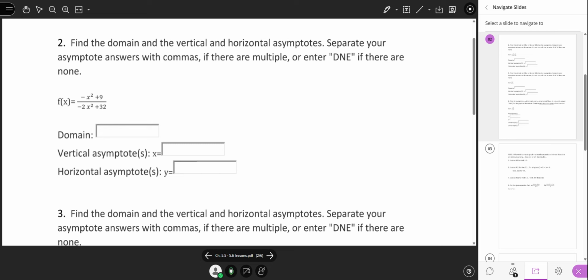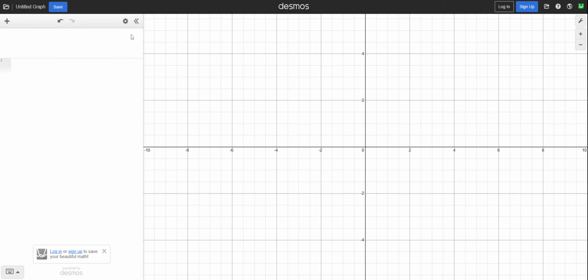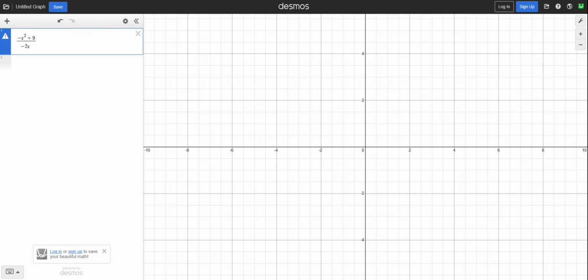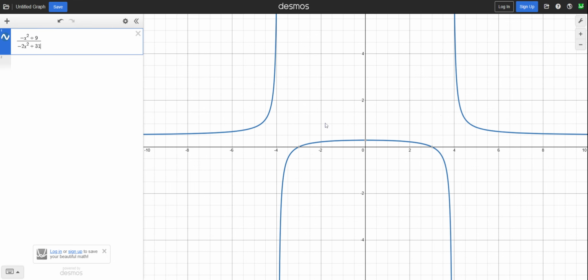Negative x squared plus 9, over negative 2x squared plus 32. Hit the fraction key first. Negative x, shift 6, 2, plus 9, go down. Negative 2x, shift 6, 2, plus 32.